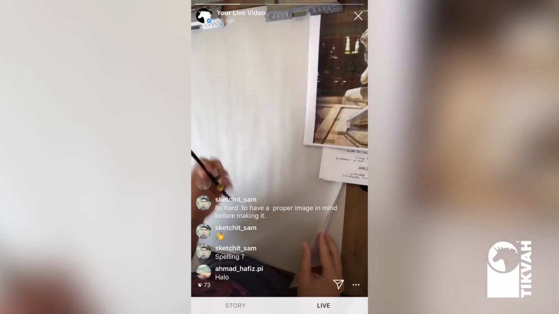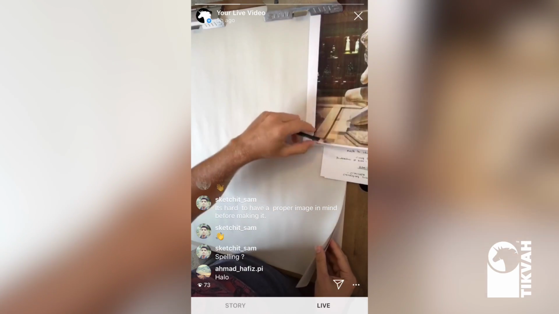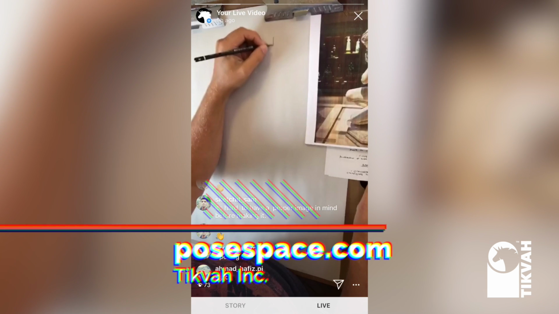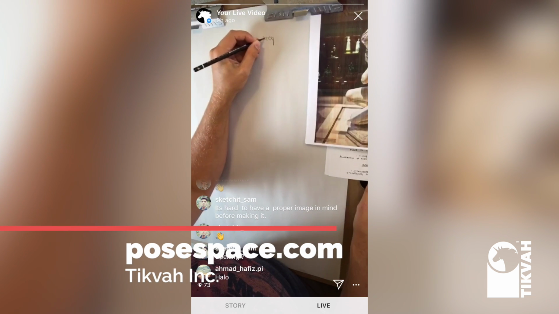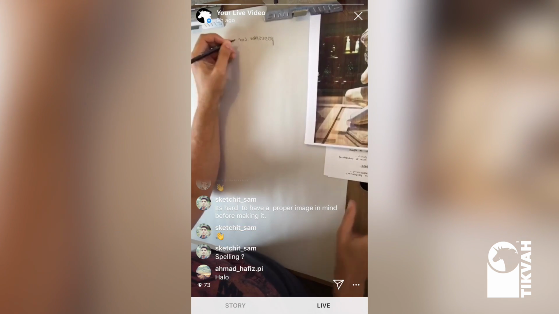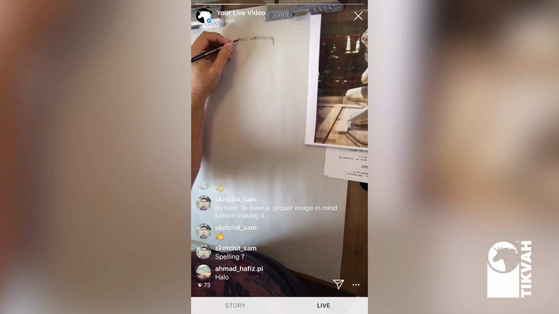One more thing that I forgot to mention, aside from your sources: as far as Pose Space, I'll write it out, I think that's how you spell it. Hopefully you can see that.